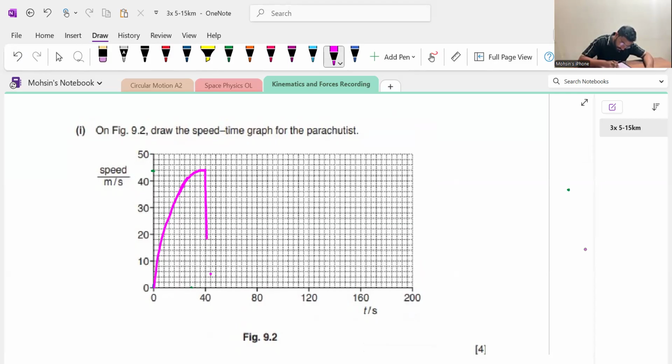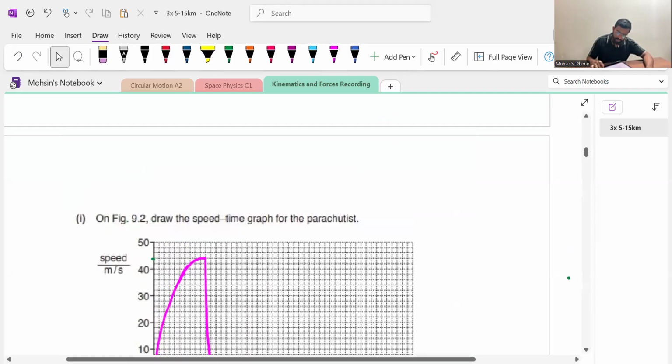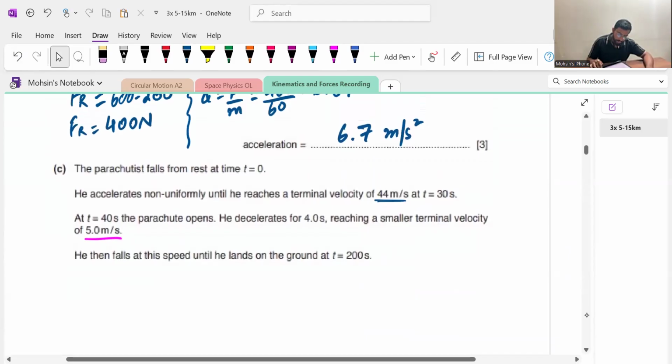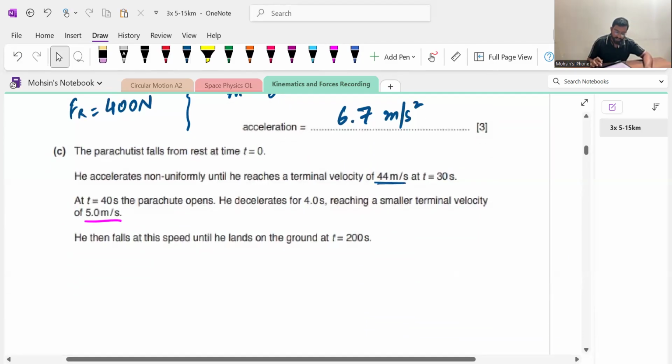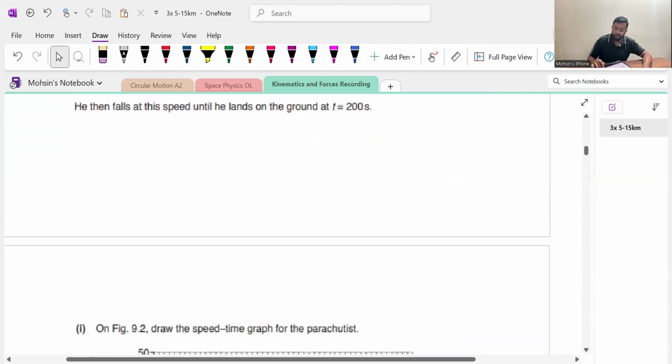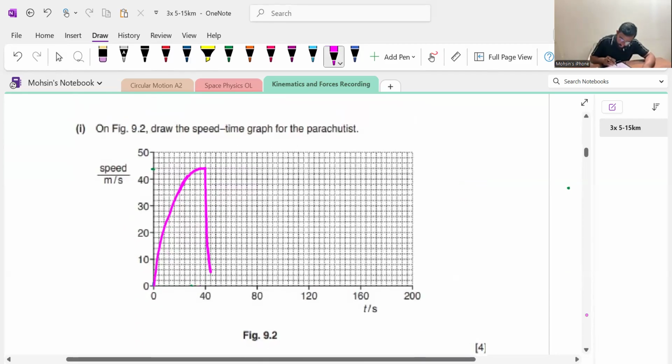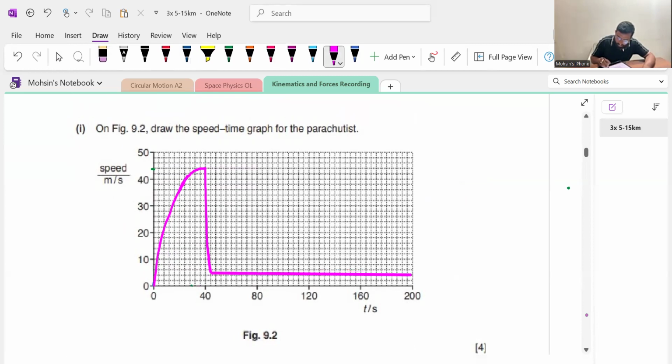So it will be like this. He then falls at this speed until he lands on the ground at 200 seconds. So till 200, it will continue with this. So this is the complete graph.